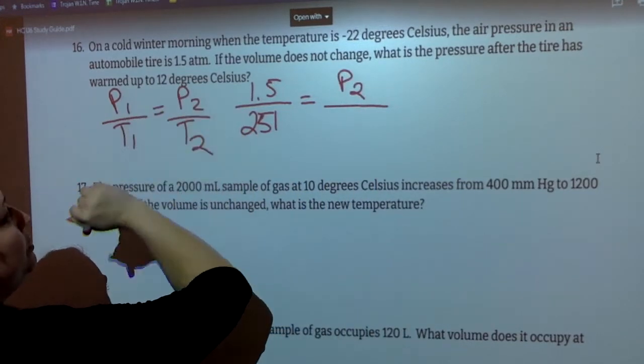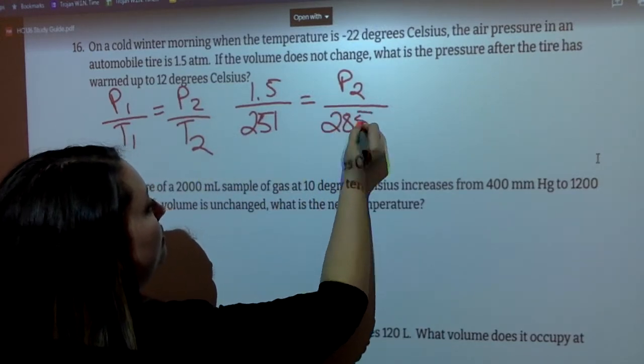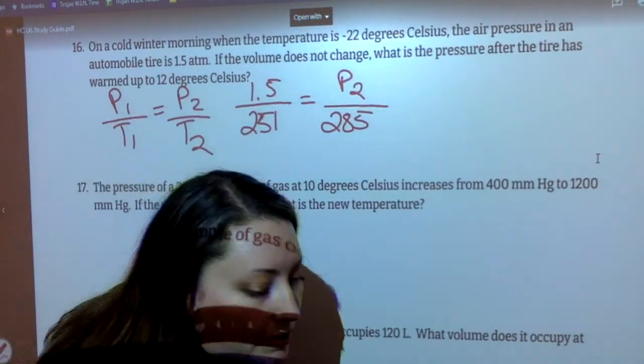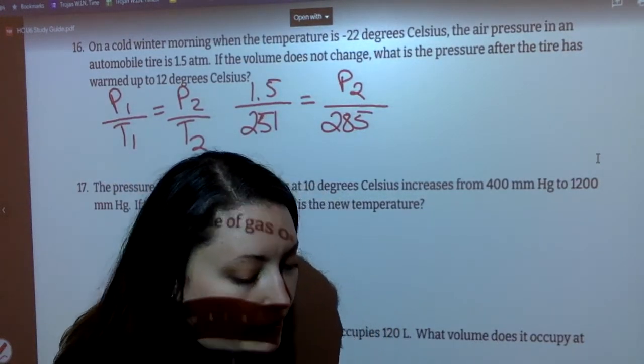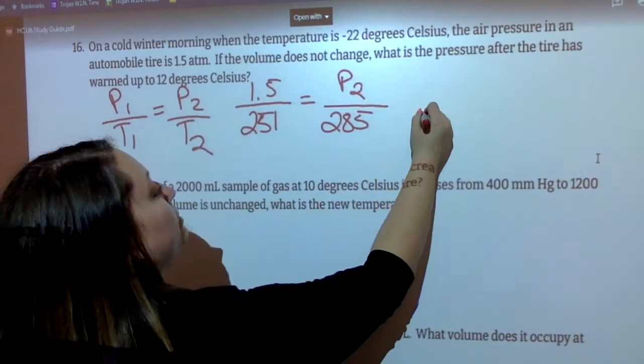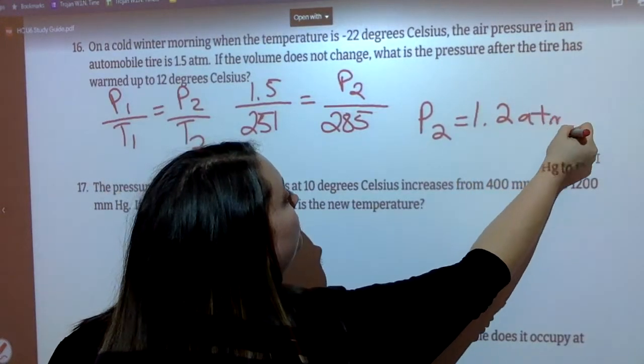So temperature 2 warmed up 12 degrees, so 285. Okay, so you're going to cross multiply and divide those. Okay, looks like pressure 2 is equal to 1.2 atmospheres.